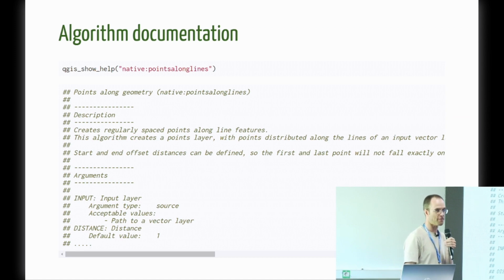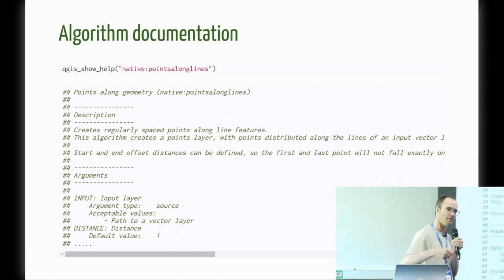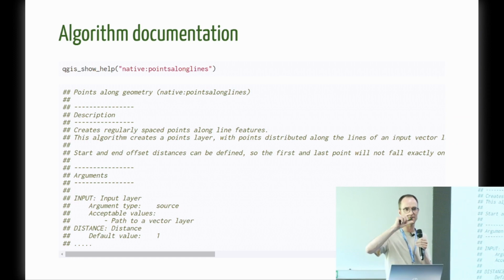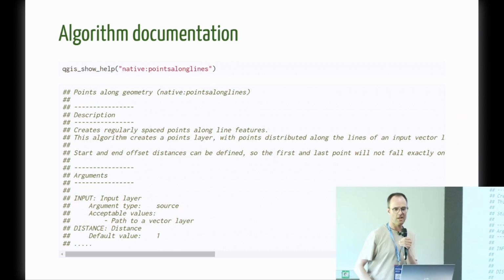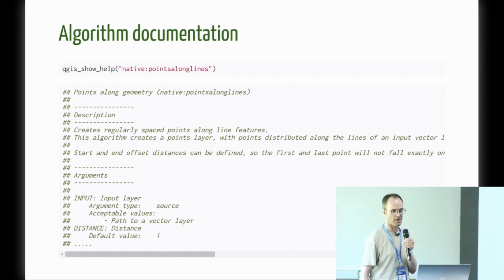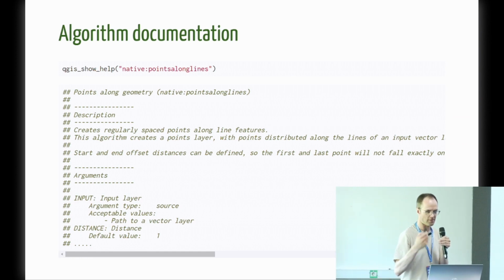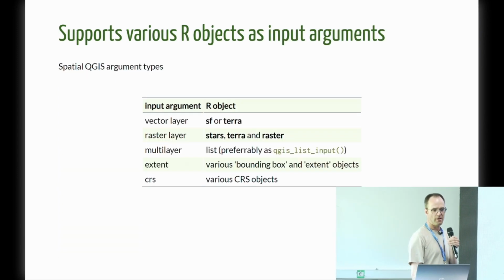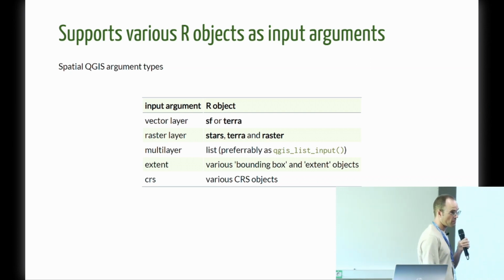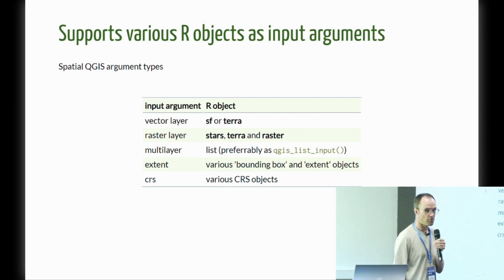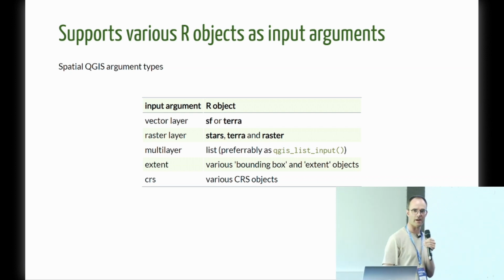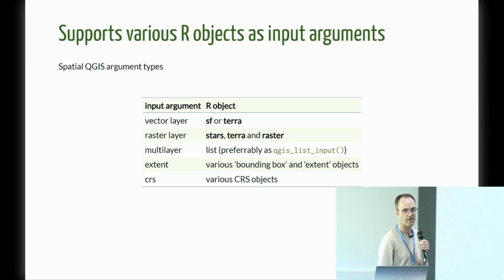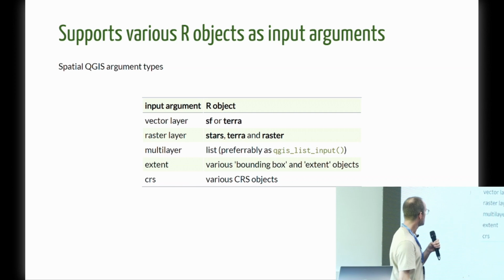You can retrieve the documentation within R for the algorithm. It gives the description and the arguments, so that you can know how to deal with them. Speaking of arguments, it's good to know that you don't always have to pass strings as would be needed for the command line. You can actually use R objects and pass them. There is some sort of conversion involved.